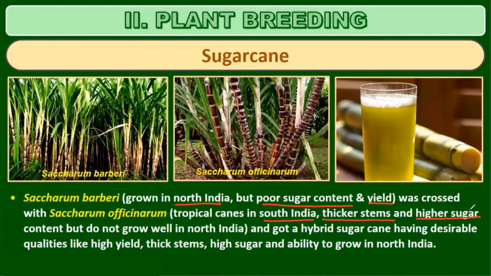So hybridization was done between these two sugarcanes with desirable qualities, and a hybrid sugarcane was generated that has desirable qualities like high yield, thick stem, high sugar, and the ability to grow in North India. The examples are Saccharum barberi and Saccharum officinarum.